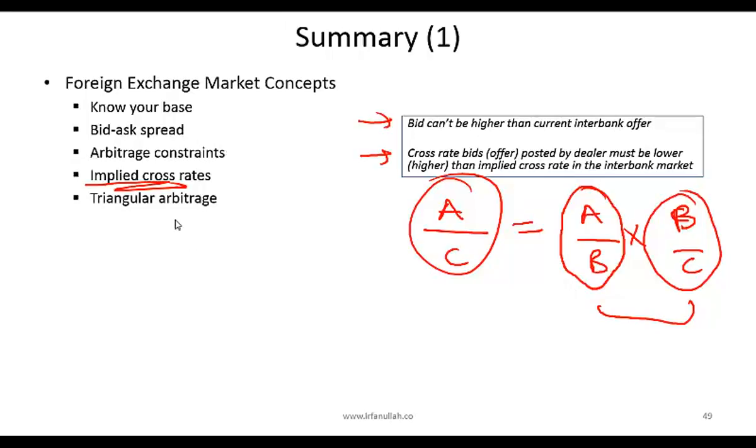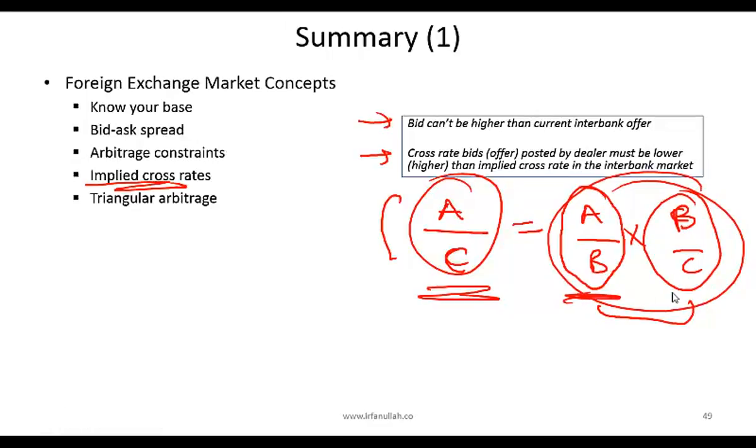Triangular arbitrage: when you have a situation where the implied cross rate is different from the rate a dealer is quoting, in the sense that let's say you have a dealer who's quoting currency C in terms of A, and that rate is different from what is implied by the product of these two rates, then there is an arbitrage opportunity, and the arbitrage transactions that you will carry out are called triangular arbitrage.